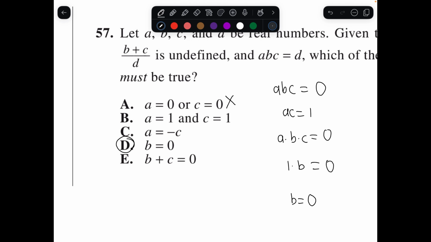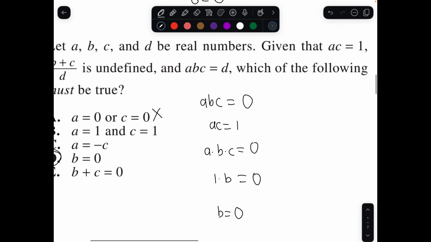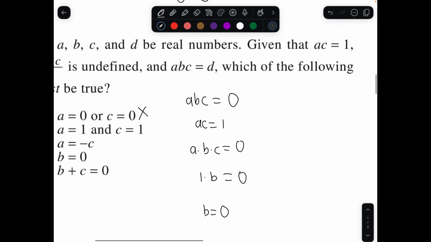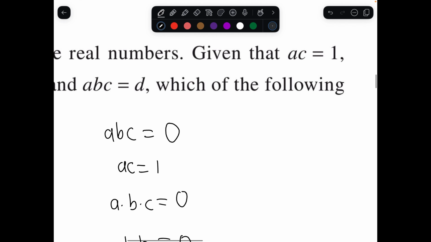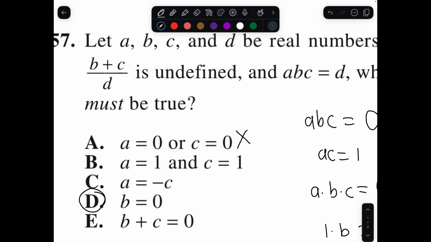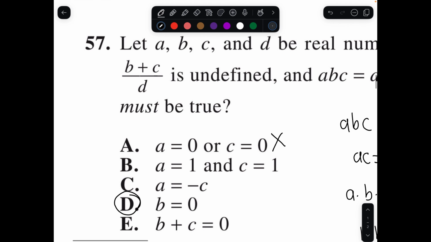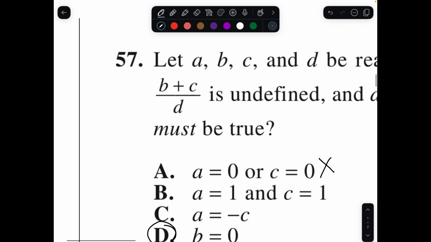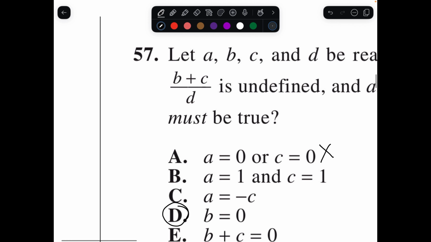For B, it says a equals 1 and c equals 1, right? Well, we know that we have to match all three of these restrictions, that a times c has to equal 1, b plus c over d has to be undefined, and abc has to equal d, right? In order for b plus c over d to be undefined, d has to be 0, right?